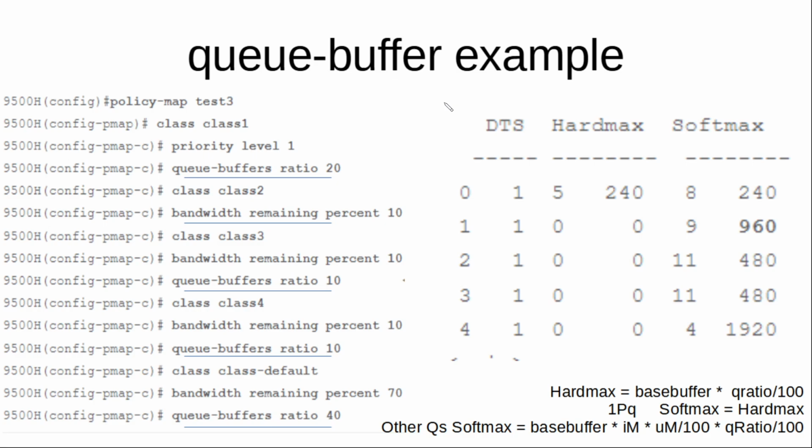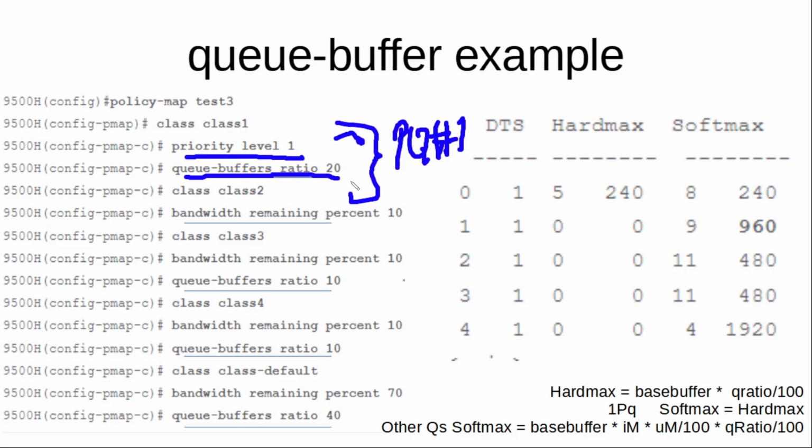So let's see this example. We have this queue for class 1. Notice that it is using the priority level 1 command, so this is my priority queue number 1, and it is applied a Q buffers ratio of 20.